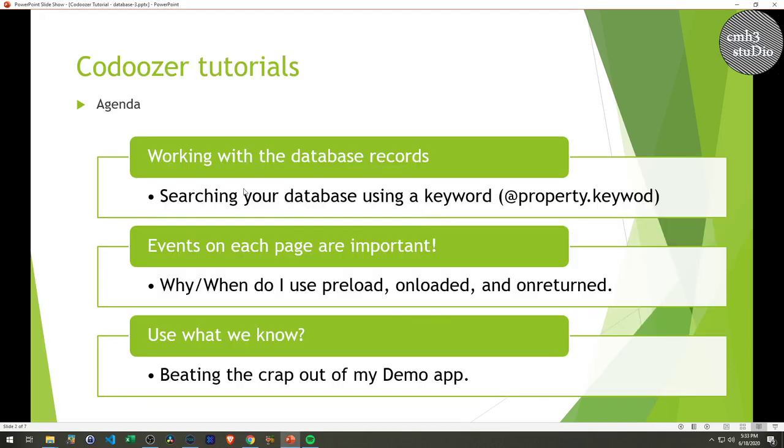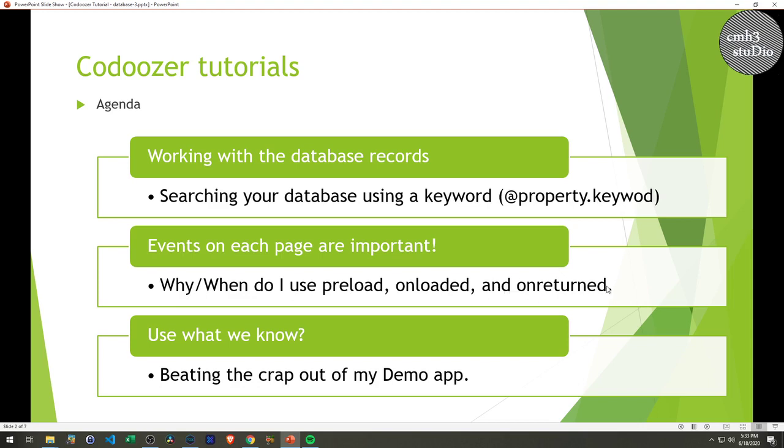Alright, today we're going to go over working with database records, searching your database using keywords or a keyword, and you'll see that I set that keyword to appproperty.keyword in the Codoozer application. Events on each page are important. Why and when to use the preload event or the onloaded event and the onreturned event.